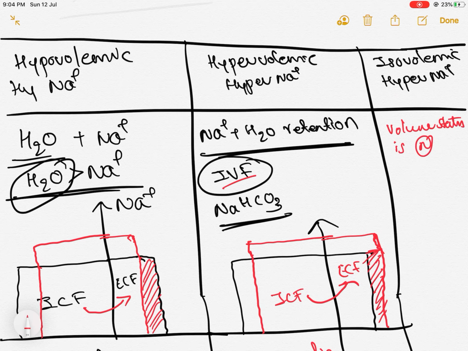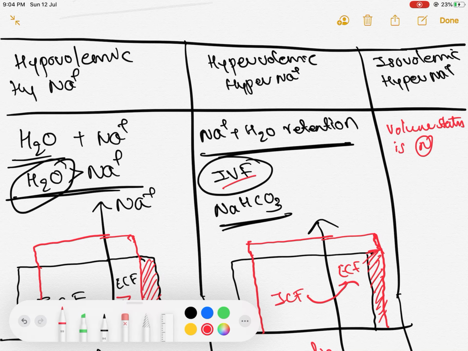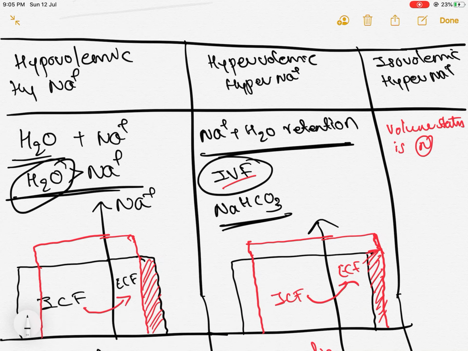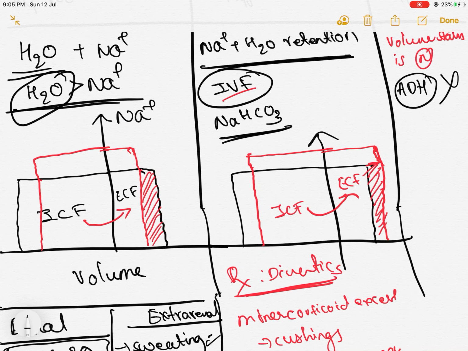Now even though volume status is normal, why this isovolemic hypernatremia occurs is that in these patients there is deficiency of ADH. What ADH does is that it acts on the DCT and helps in absorption of water. Now when ADH is not there, there is loss of water. Now if you see on the collecting duct as well as distal convoluted tubule, ADH action is mainly on water and minimal action on sodium, because maximum amount of sodium is reabsorbed from the PCT, loop of Henle, as well as proximal DCT.